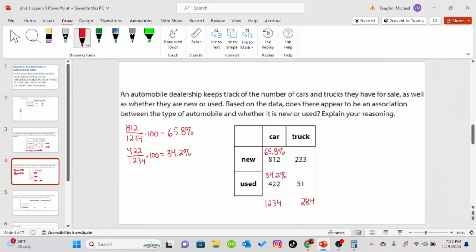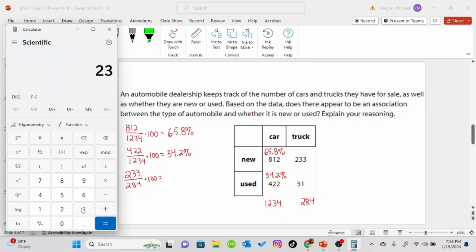So the chance that a truck would be new is 233 divided by 284 times 100, which is approximately 82%.